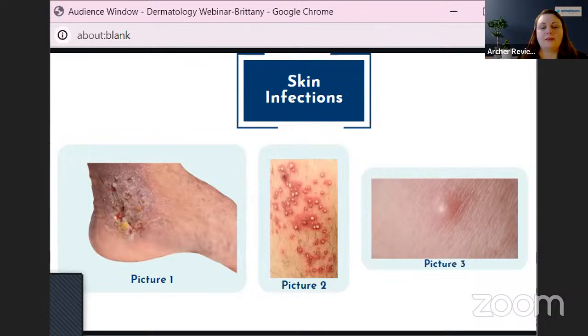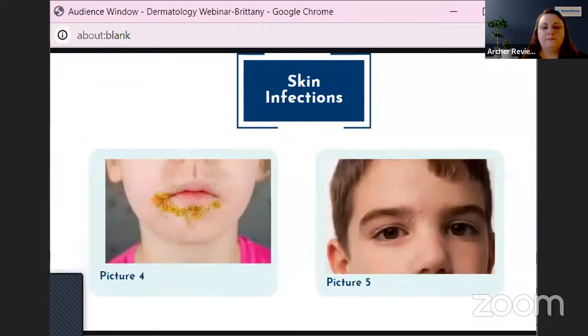In fact, you can have several of those together, and if they're a collection of them or they get to be a larger size, they can be called a carbuncle, or furuncle if it gets really big. So those all kind of refer to boils. Our first line treatment is going to be some sort of antibiotic, like a penicillin-based antibiotic. Again, really good for skin.